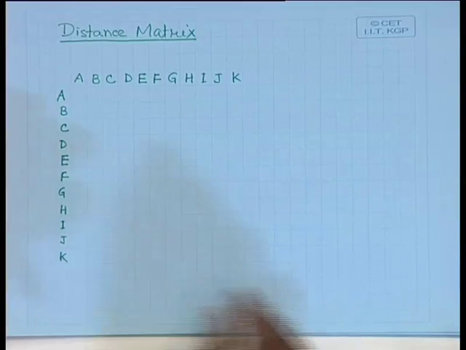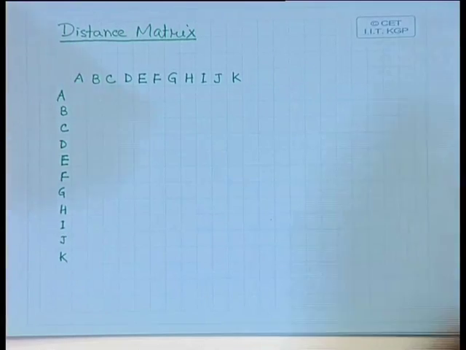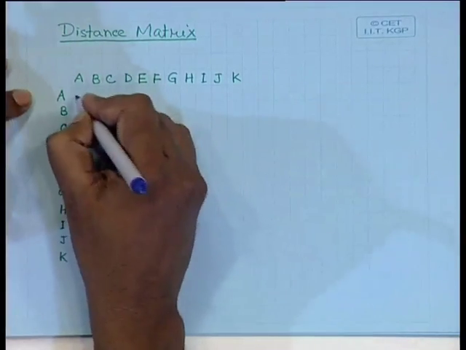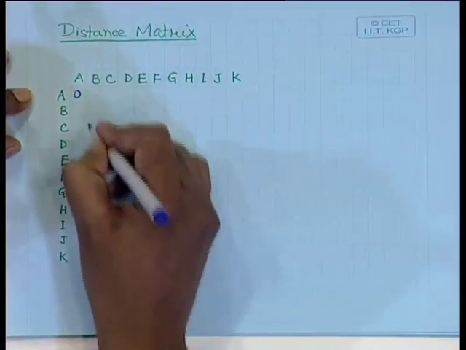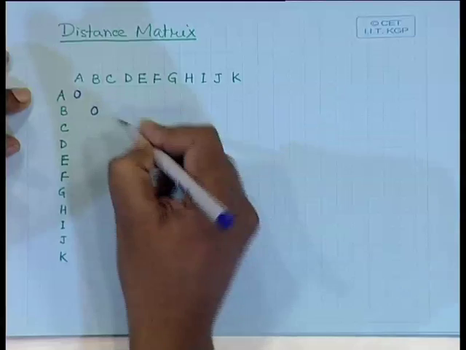So, naturally, the distance between A and A, the same point, will be 0. Similarly, B, B will also be 0.